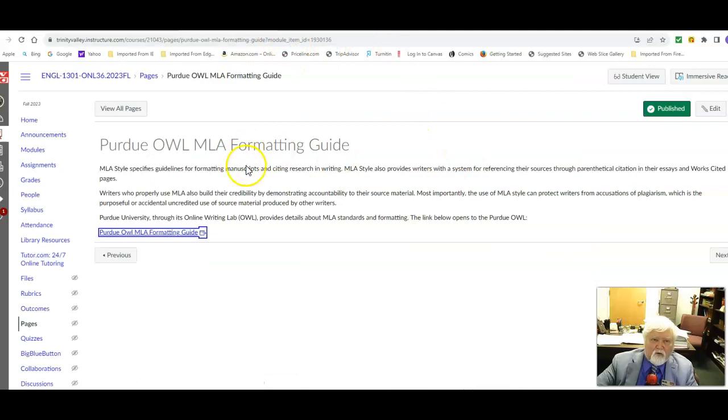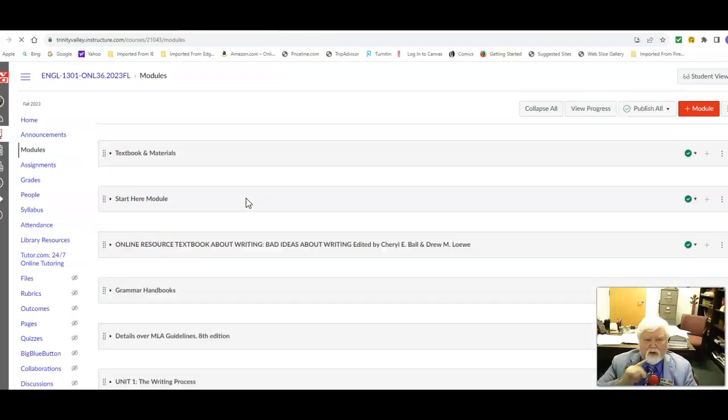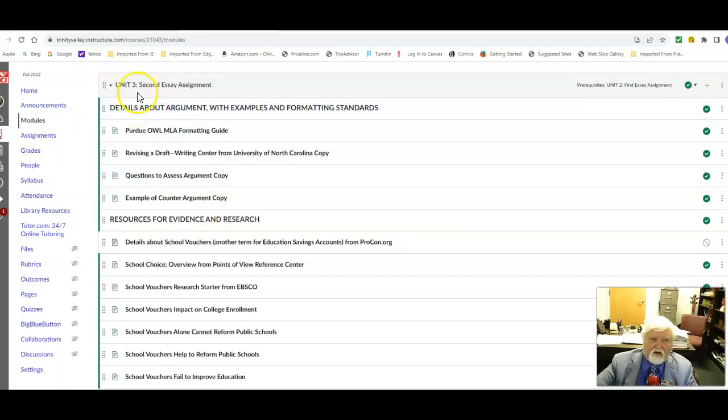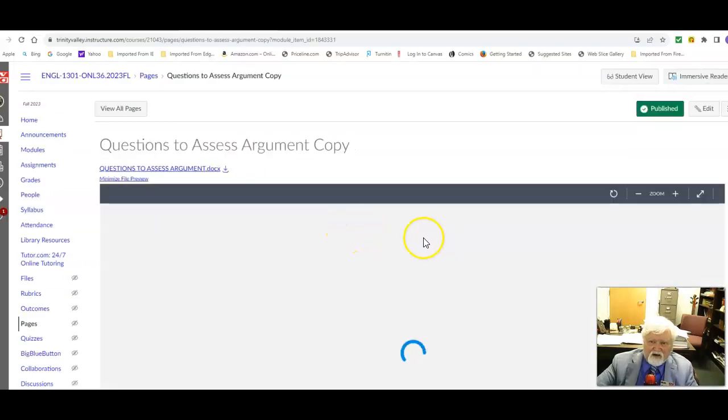So the MLA formatting is available for you through the Purdue OWL, and I have that posted again for you here underneath the details about argument with examples and formatting standards. Again, revising, I have again the University of North Carolina Writing Center comments about how to revise an essay. I have also, again, for you, questions you should ask yourself as you're assessing your essay.